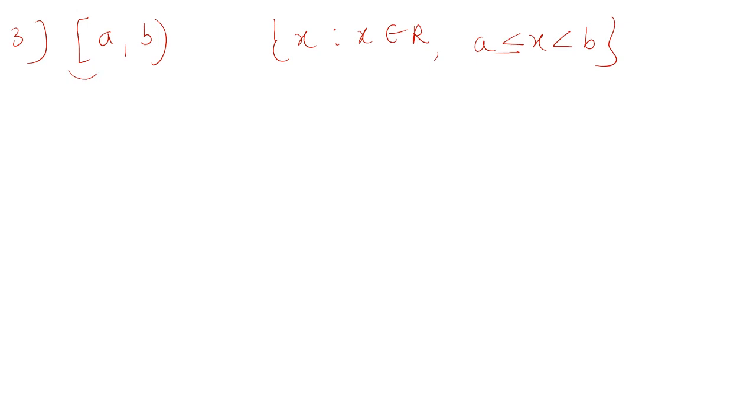Now this interval is called a semi-closed interval. How to remember this one: if the first bracket is a big bracket and the second is a small bracket, you name it a semi-closed interval. That means including a and excluding b.